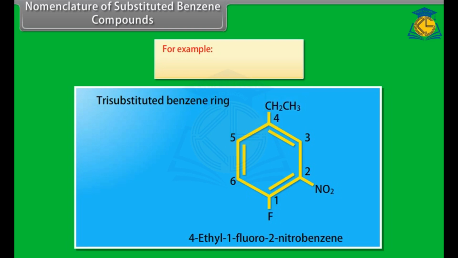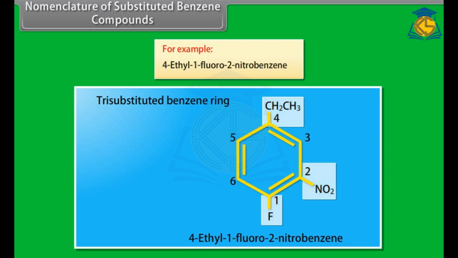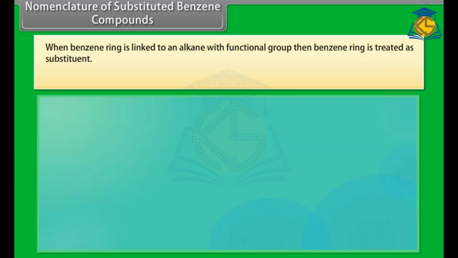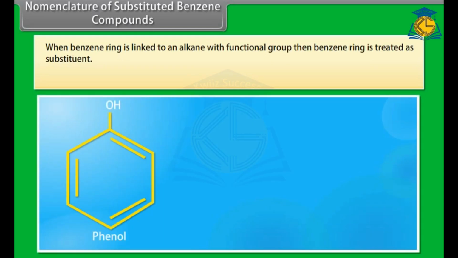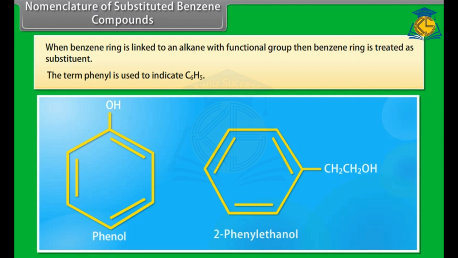This compound can be named in alphabetical order as 4-ethyl-1-fluoro-2-nitrobenzene. When the benzene ring is linked to an alkane with a functional group, then the benzene ring is treated as a substituent. The term phenyl is used to indicate C6H5.